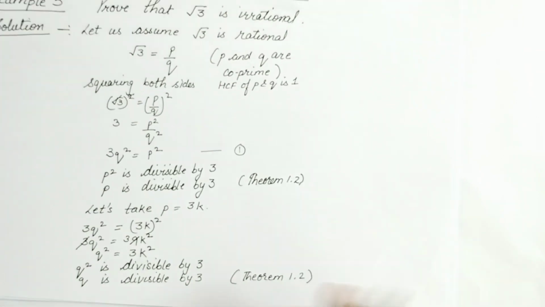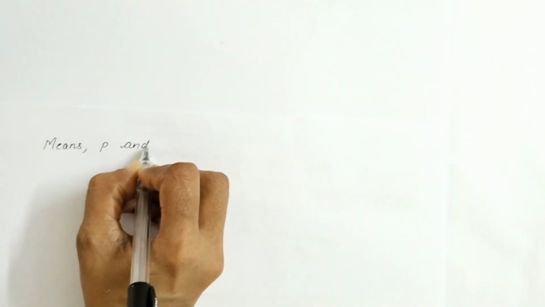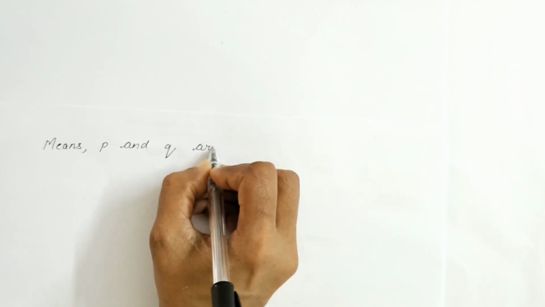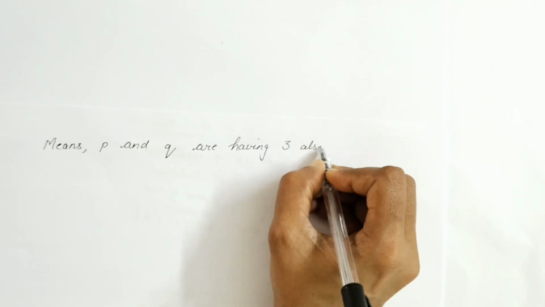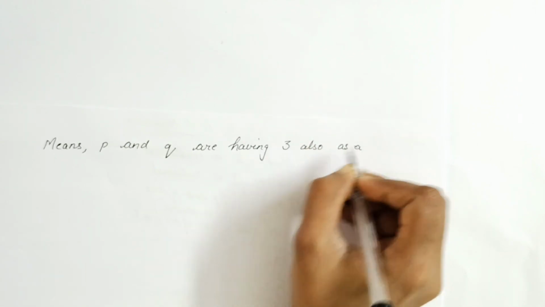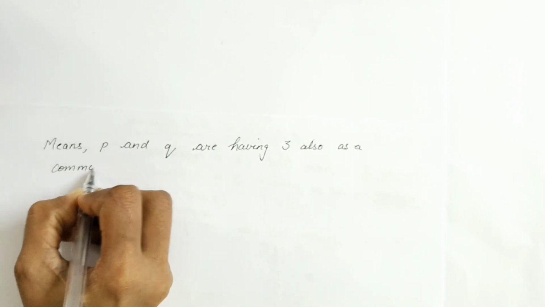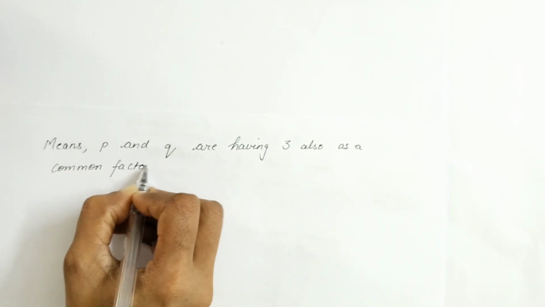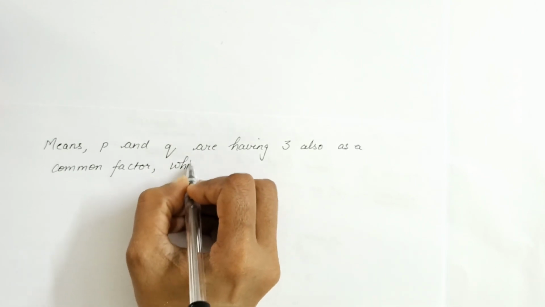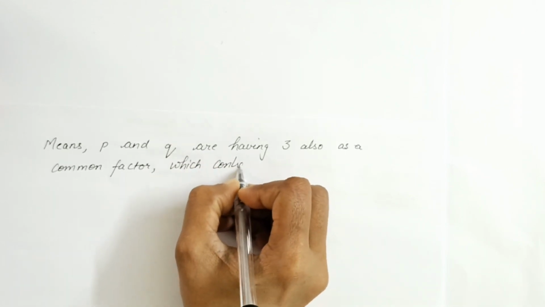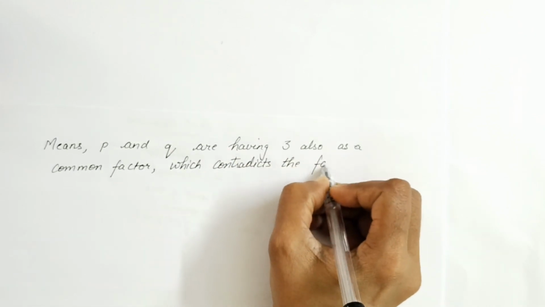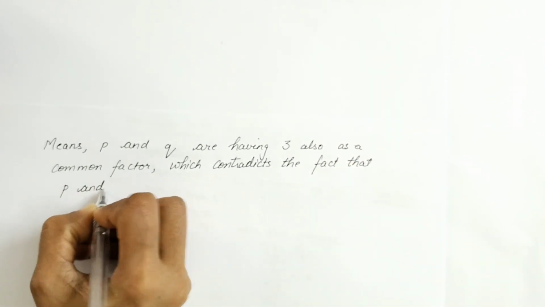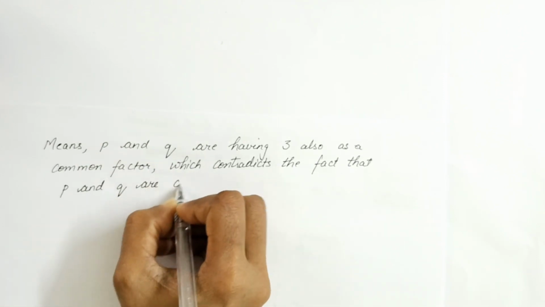So we are writing here P and Q are having 3 also as a common factor. Which contradicts the fact that P and Q are co-prime.